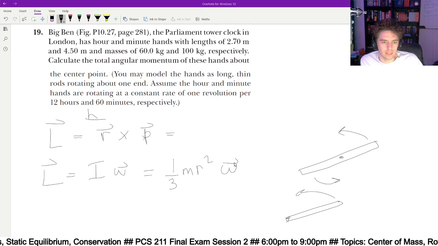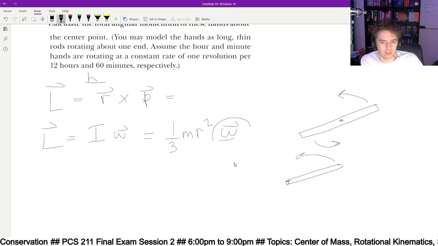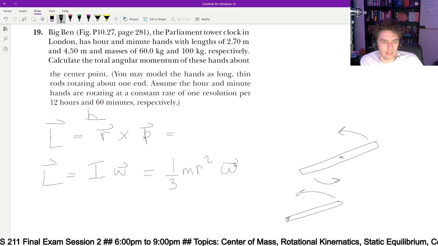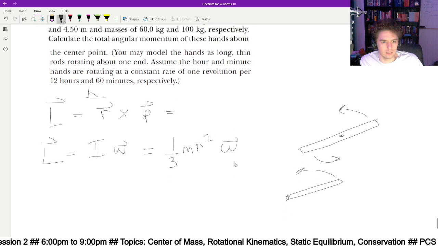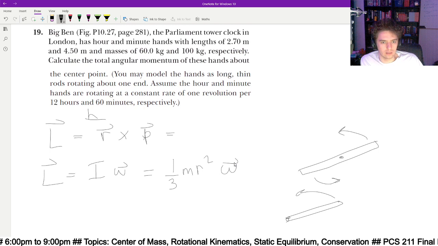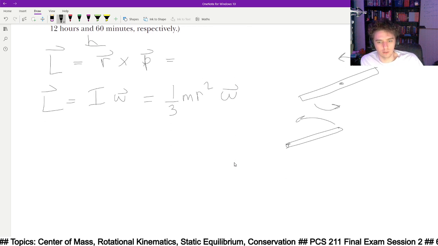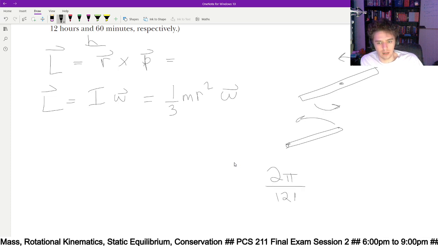So let's look at our hour hand. What is the angular velocity of our hour hand? Well, the angular velocity is one full revolution per 12 hours. So one full revolution is 2 pi radians per 12 hours.